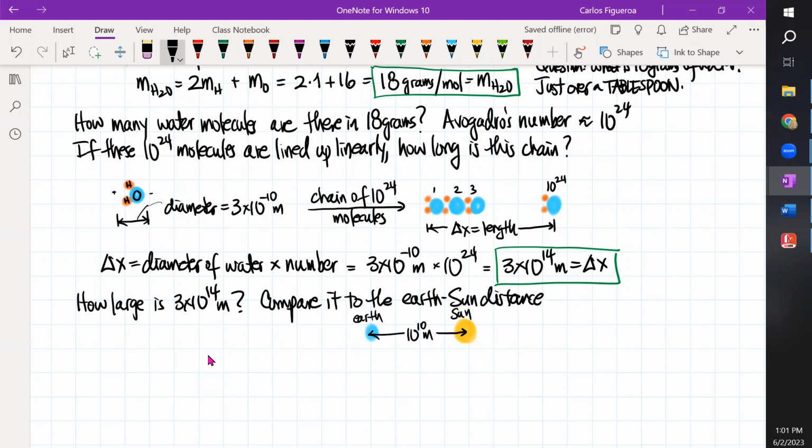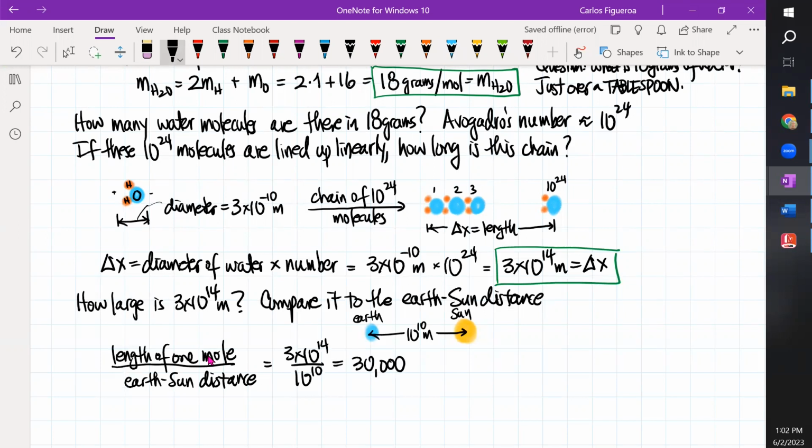If you compare these two lengths, the length of 1 mole of water, that is the length of all of the water molecules in a little bit bigger than a tablespoon, divided by the Earth-Sun distance, is 3 times 10 to the 14 divided by 10 to the 10, which is equal to 30,000.